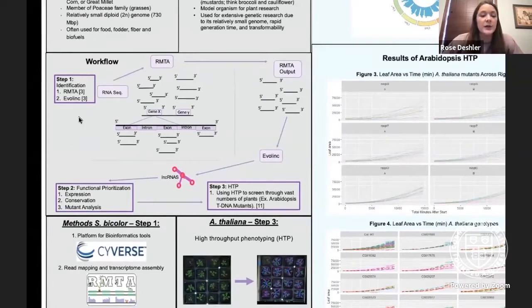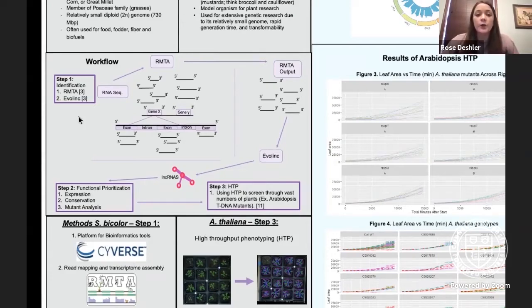The first step is taking mass amounts of publicly available RNA sequencing data and running it through a program called RMTA, which does read mapping and transcriptome analysis. It essentially takes this RNA sequencing data and maps it back to a reference genome.